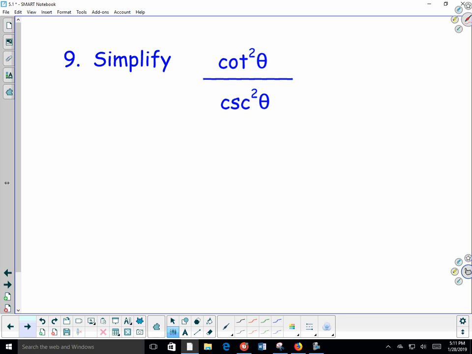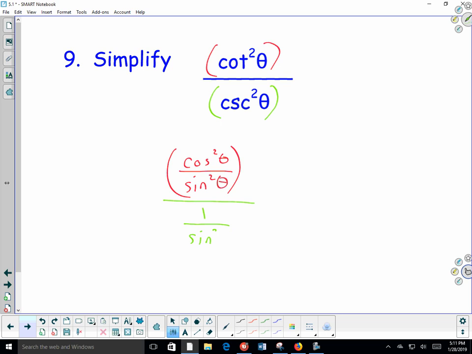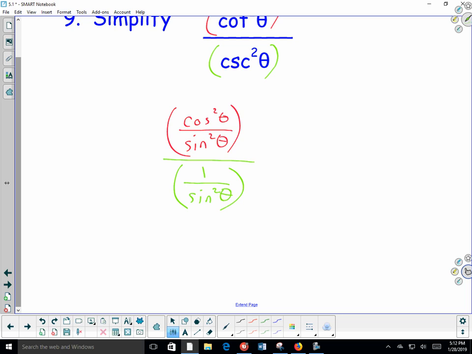So I could write cotangent squared as cosine squared theta over sine squared theta. That's how I would rewrite cotangent squared. And then cosecant squared is the same as 1 over sine squared theta. Since I'm dividing by a fraction, that's the same as multiplying by the reciprocal.